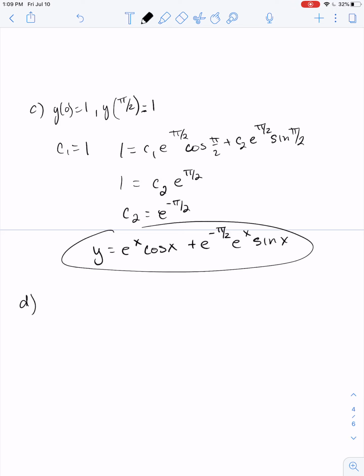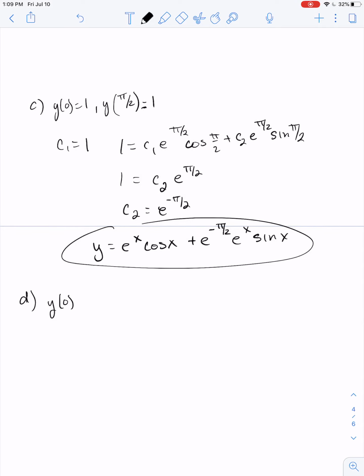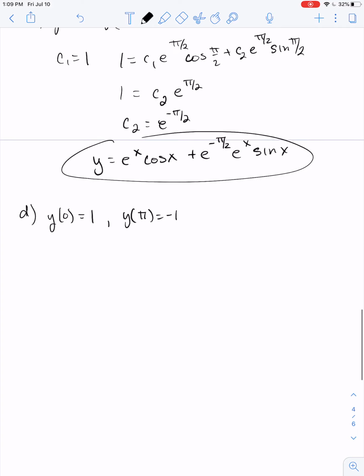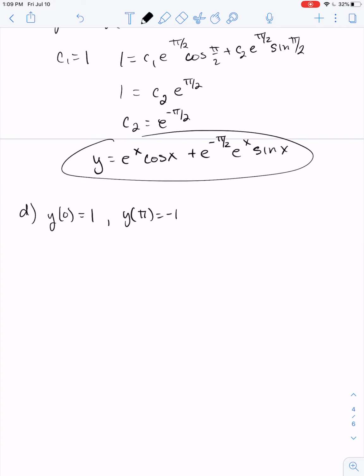Now this next one, I'm going to change it around because I just want to show you one that does not exist. If you have y of 0 equals 1 and y of pi equals negative 1, we are going to get still the same thing, C1 equals 1.